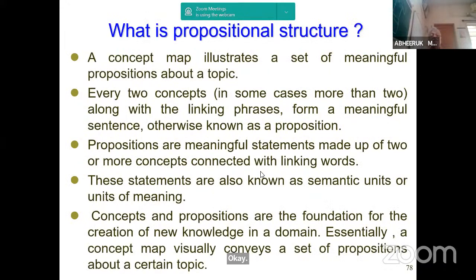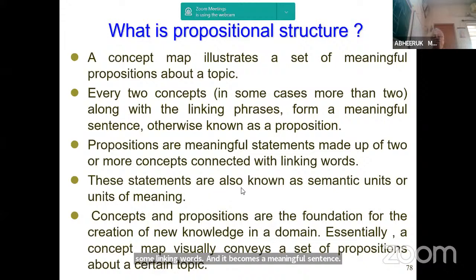Next is the structure. It is a proposition. I already told you about propositional structure. That means two concepts are connected by some linking words, and it becomes a meaningful sentence.